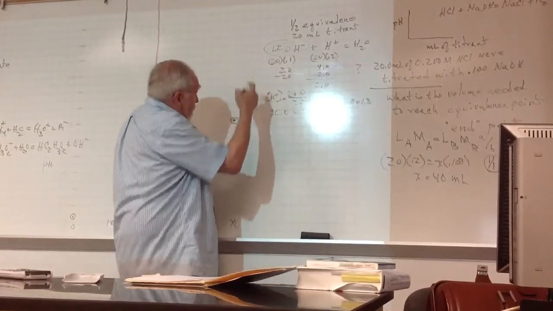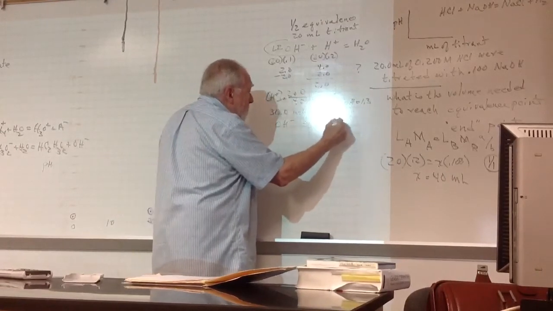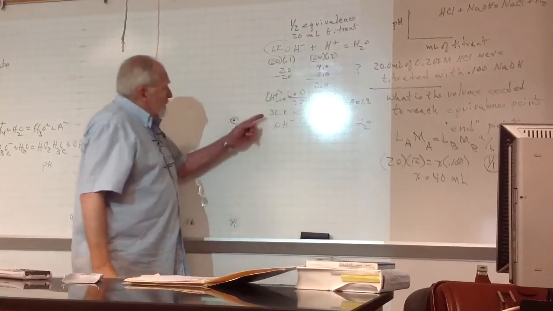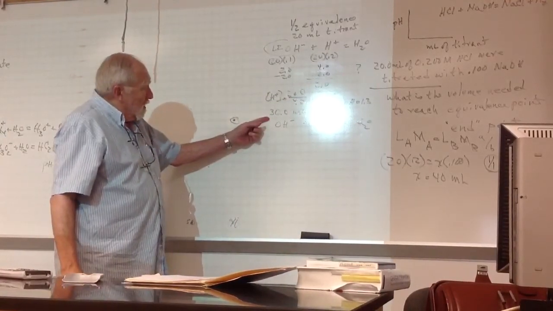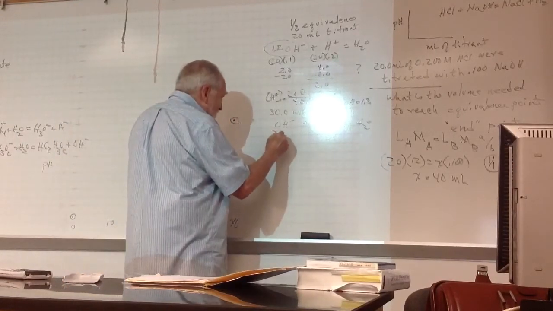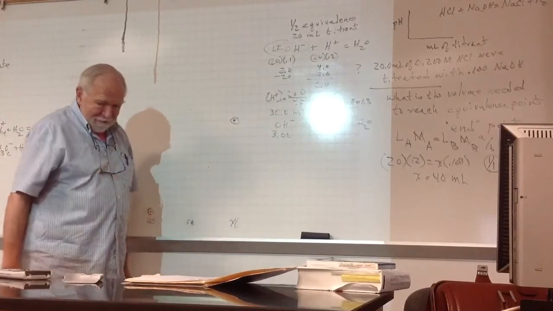Again, we have to do the same sort of thing. And notice if I do 30 times 0.1, I'm just going to write the answer this time, because you can do that. But if not, on your paper, do it.